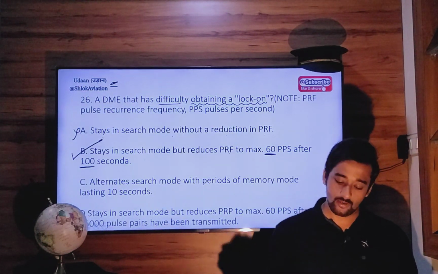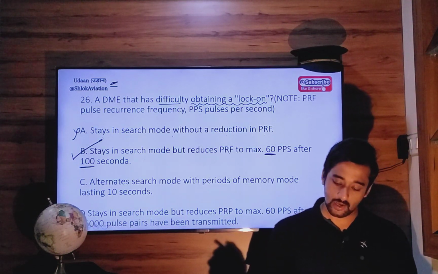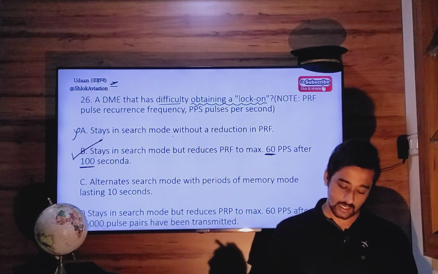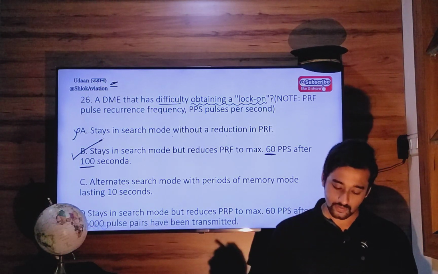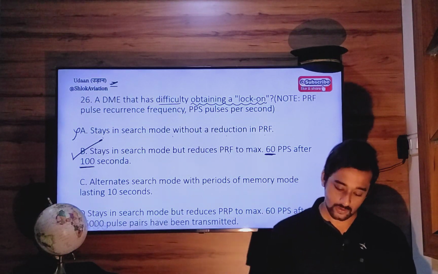Alternates search mode with periods of memory mode, wrong. Stays in search mode but reduces pulse recurrence frequency to 60 pulses per second after 1500 pulse pairs have been transmitted. Okay, so the correct option here will be option Bravo.